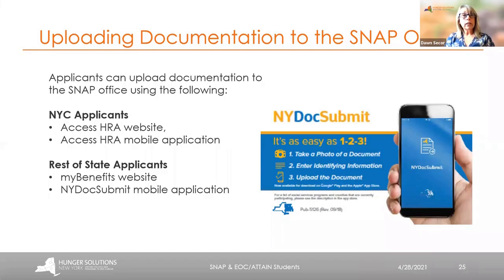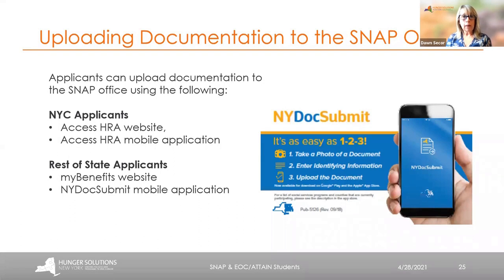Another thing that New York State did recently, New York City was first, is they have ways that households can upload documentation to the SNAP office using technology. So one is our websites, our online application sites, which we talked about before. And in New York City, that is HRA.